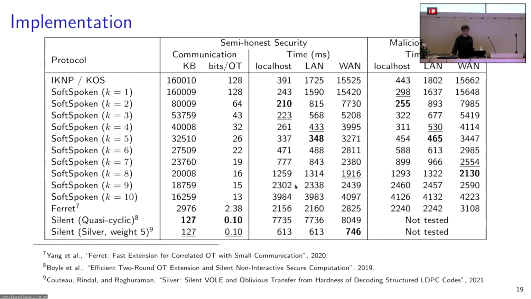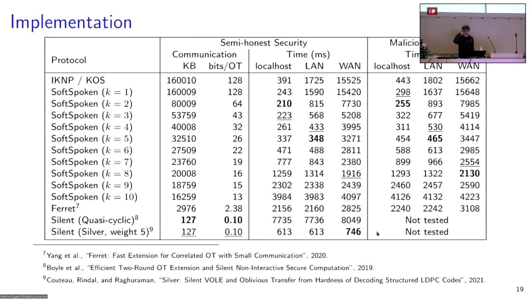In each column, we mark the best and the second best with bold and underline. In the LAN and localhost settings, SoftSpokenOT is significantly better than the other protocols. But in the WAN setting, it takes second place to Silver, which is a version of SimonOT.